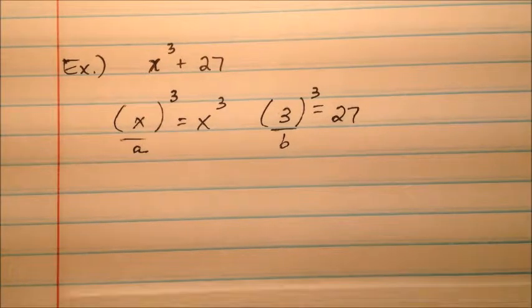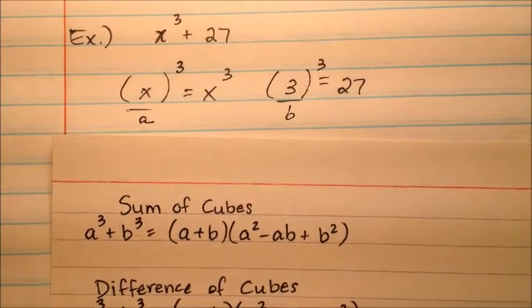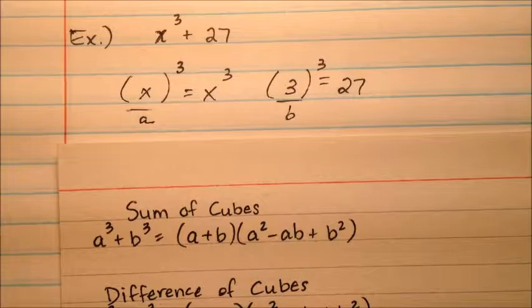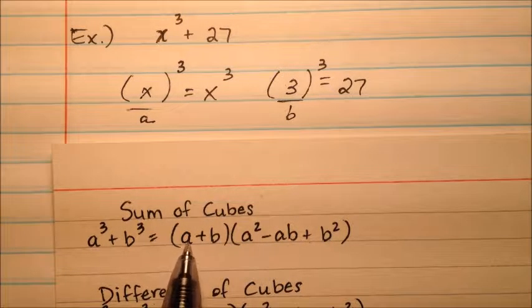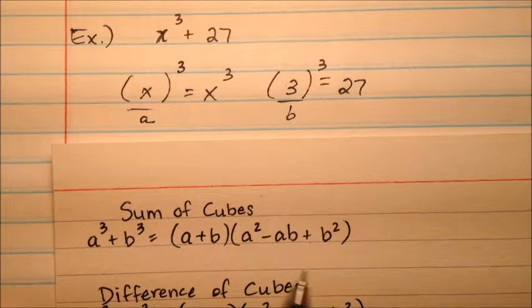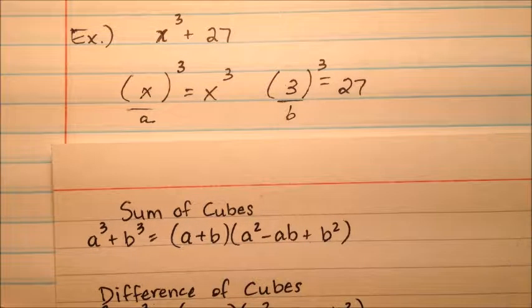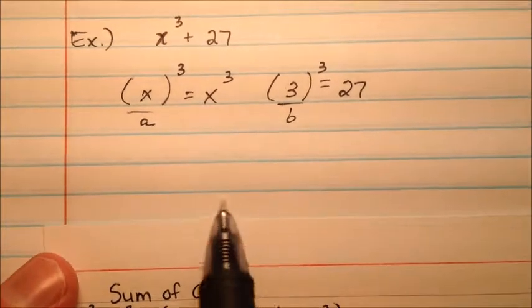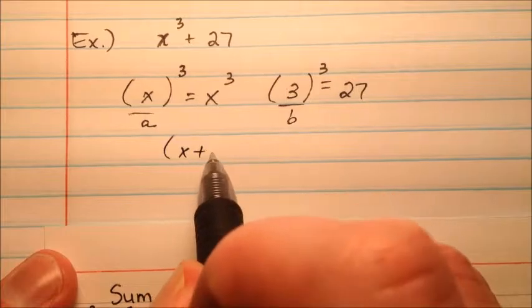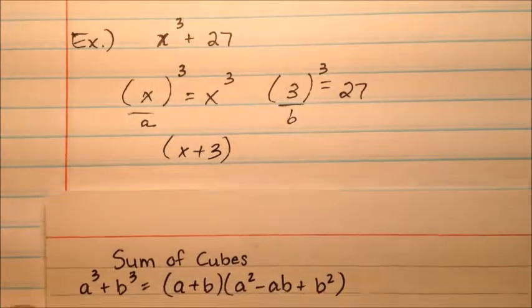Let's take a peek at this formula real quick. Sum of cubes tells us we're going to take a plus b. a in this case is x, and b is 3, so I'm going to take x plus 3 as the first quantity.